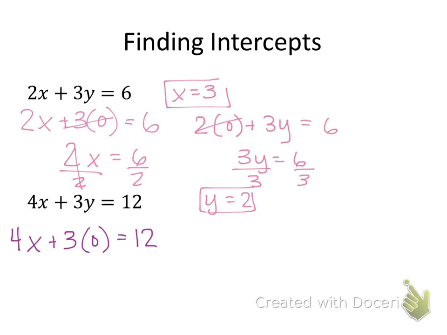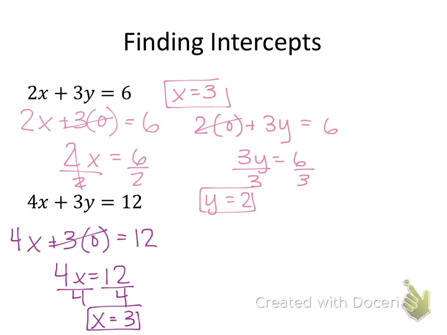All right, Blaine, once I plug in that 0 right there, what am I going to do? Very good, and I'm left with 4x equals 12. Stephanie, what do I do now? Divide by 4. And what is my x-intercept, Caitlin? 3. Very good.